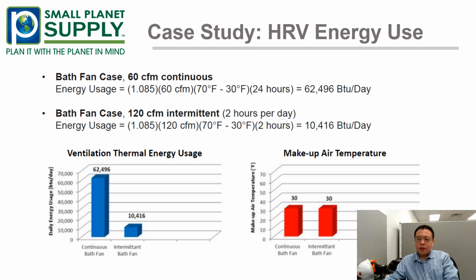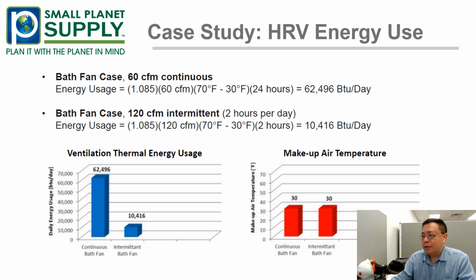If we only use the bath fan, by considering 60 CFM continuously required, and in a day maybe we use the boost mode at certain periods of time, that is 120 CFM intermittently.